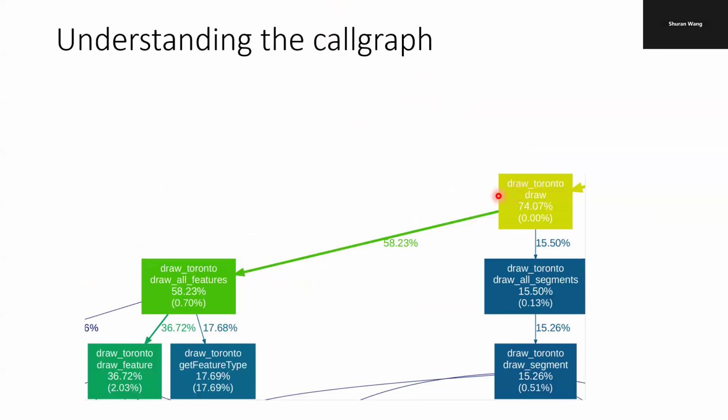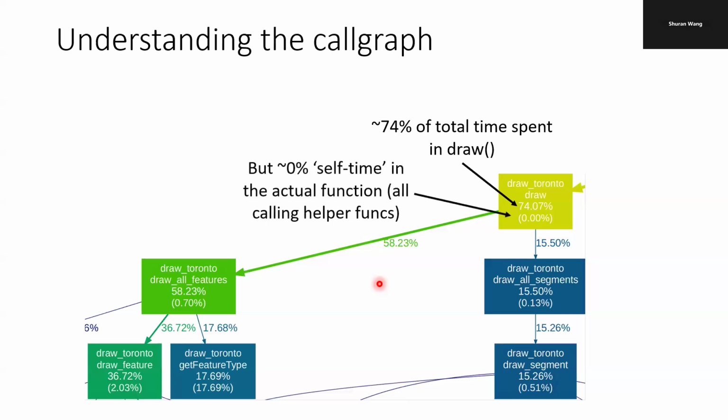Inside each function, something like draw will call both draw features and draw all segments. 74.04% is total spent in draw, but 0% self-time. So all of the 74.07% are spent in its helper functions, which are draw features and draw all segments. And for each function, it has the total time spent and its self-time.